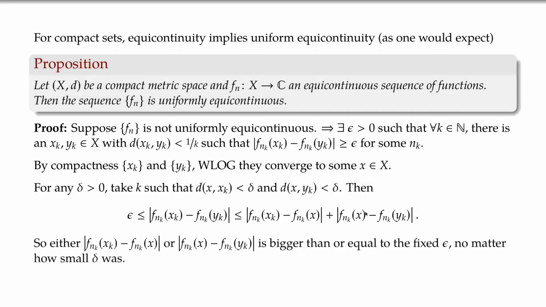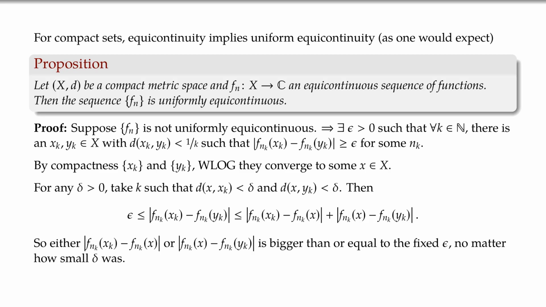I guess there's a small typo here, but at least one of them is bigger than epsilon over 2, right? Because if you make one of them smaller than epsilon over 2, then the other one has to be bigger than epsilon over 2. In any case, this was no matter how small delta was, right?